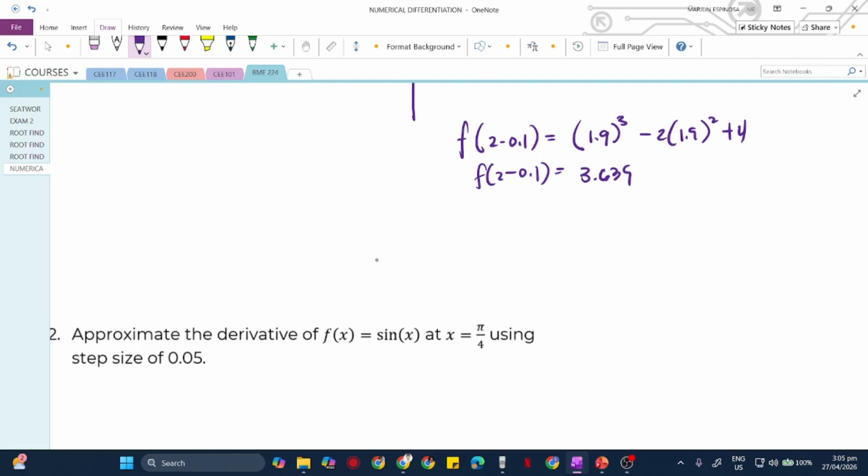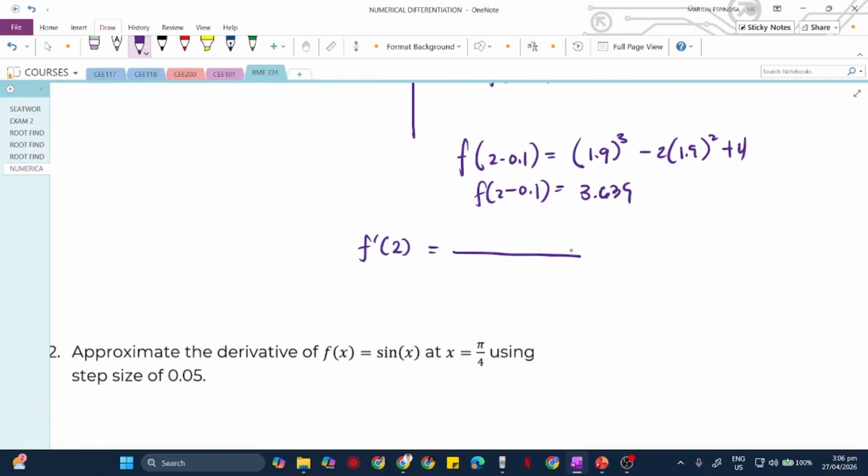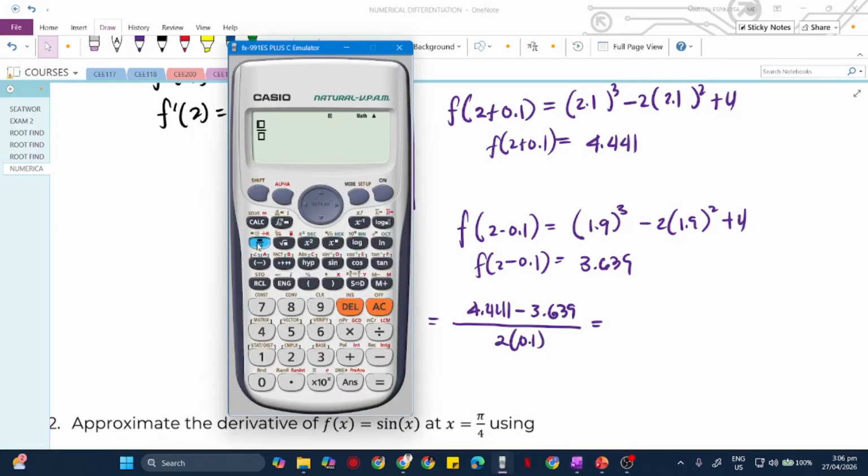Okay, CDA. So, yung f prime of x natin which is at 2, no? So, that is equivalent sa 4.441 minus 3.639, over 2 times 0.1. Okay, kindly give me the value of this one, Nobe. 4.441 minus 3.639 divided by 2 times 0.1.